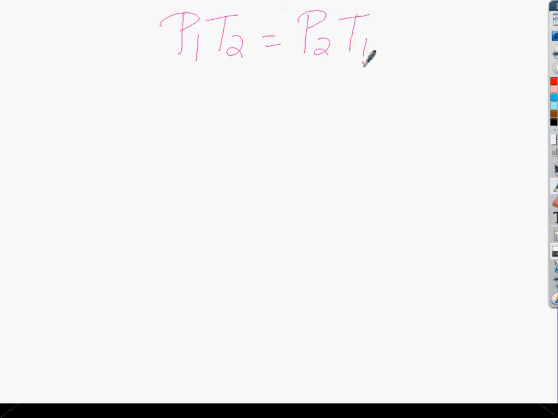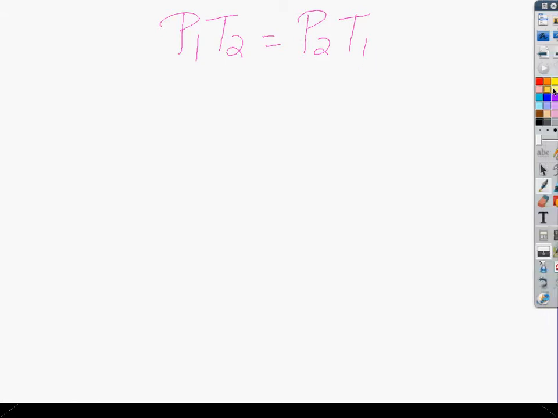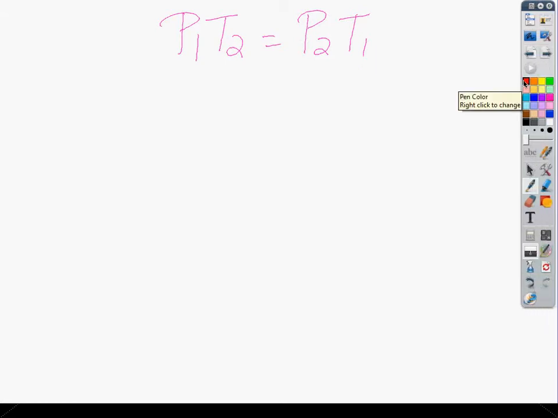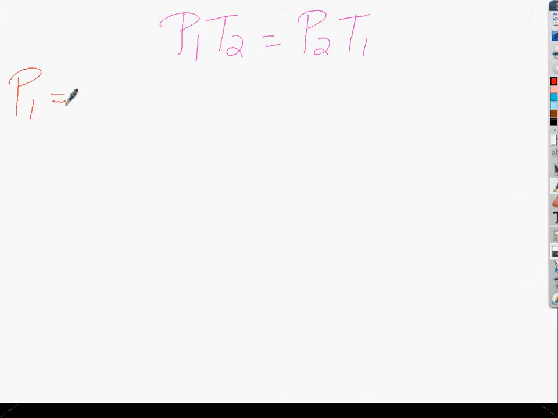So just like yesterday, if I'm going to find one of these variables, I want to find P1. I'm going to rewrite the other side first. So P2 T1. And then how is T2 connected to P1? Multiplication.